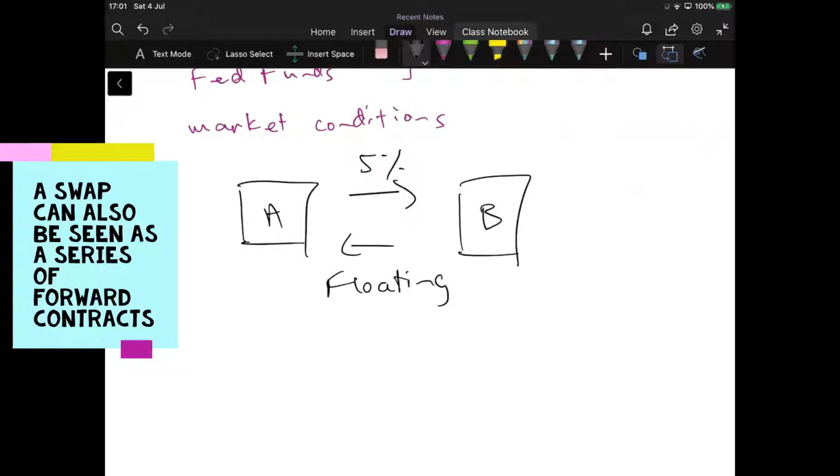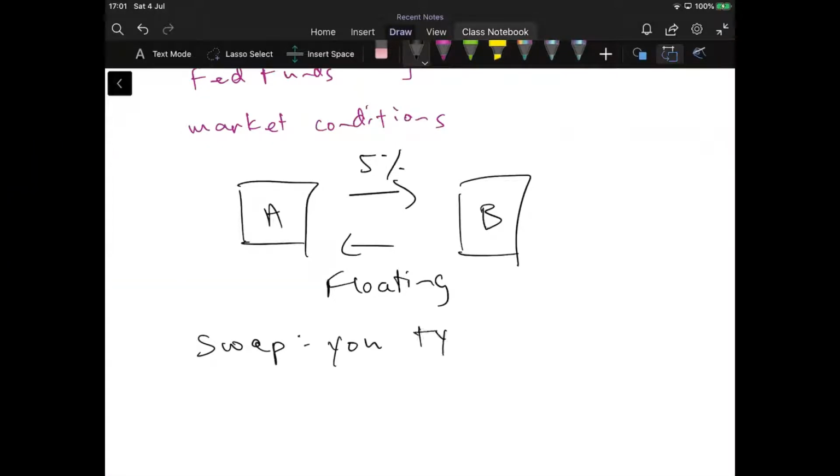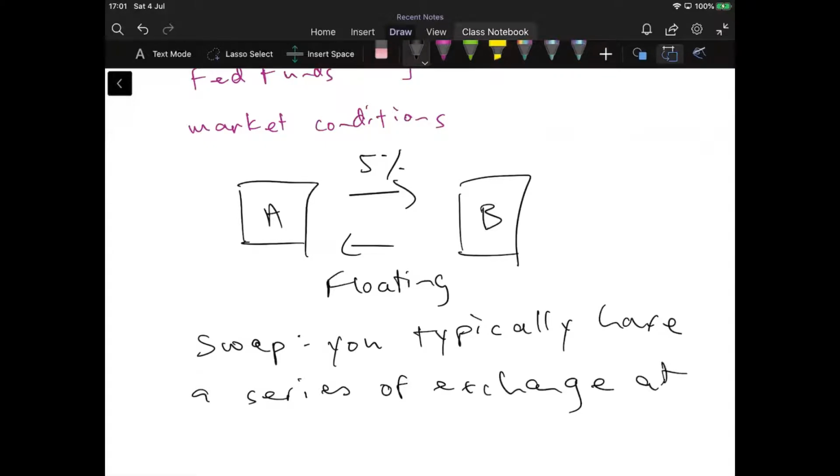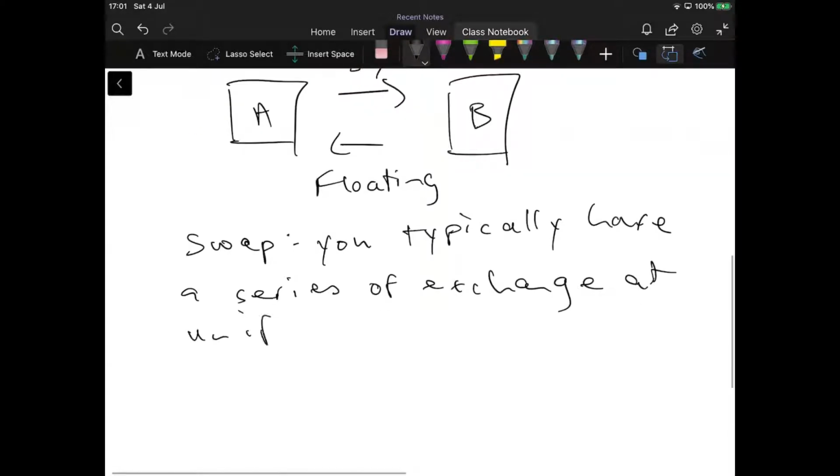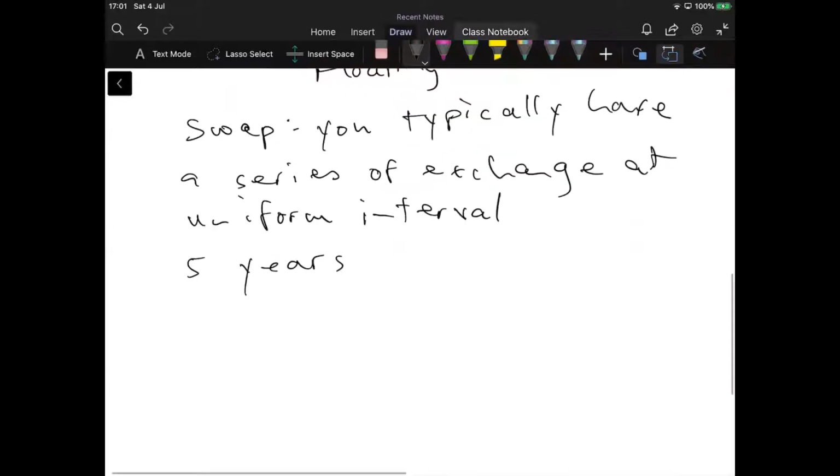Now, also important here with a swap, you typically have a series of exchanges at some probably uniform interval. So every 6 months, and that would last perhaps 5 years, could be the maturity here, or 10 years.